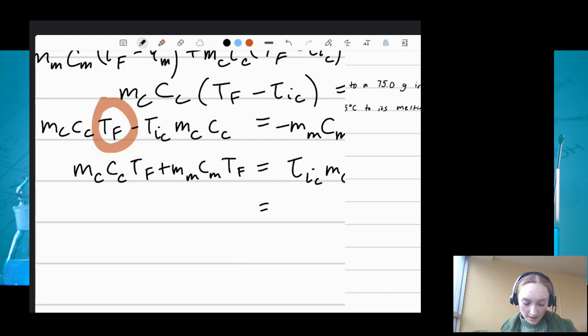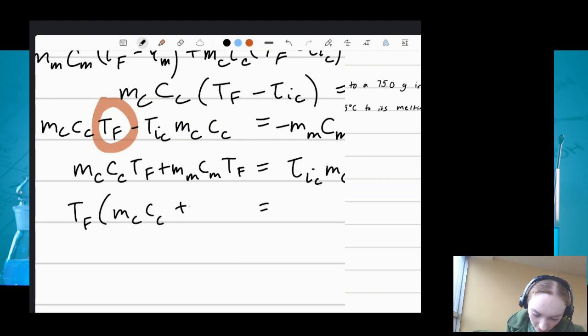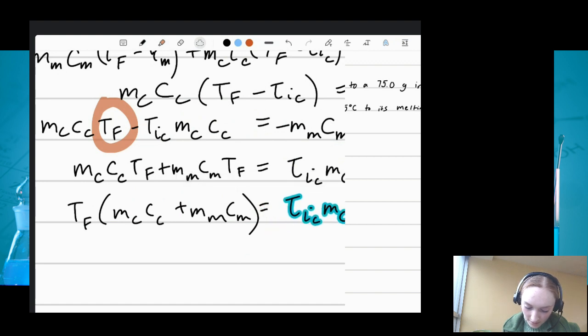I'll show you what that looks like. So the TF is multiplied to this and this. So we'll just do MCCC plus MMCM. And then this will be repeated here. And then we'll divide this term on both sides.